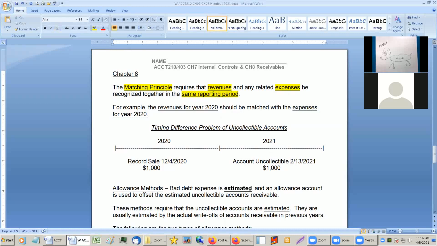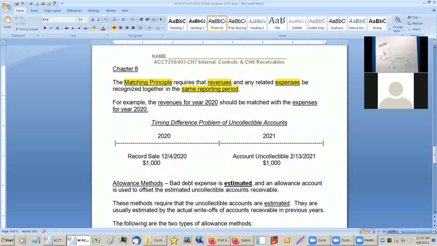And at this point, you're probably saying, well, duh. But the revenues and the expenses should be matched in the years in which they occur. And that really goes through all of accounting.